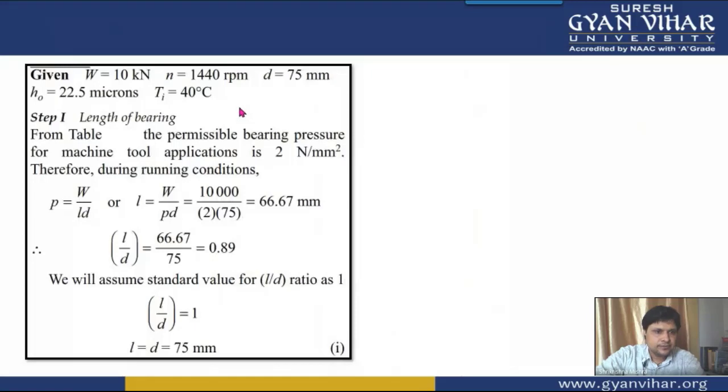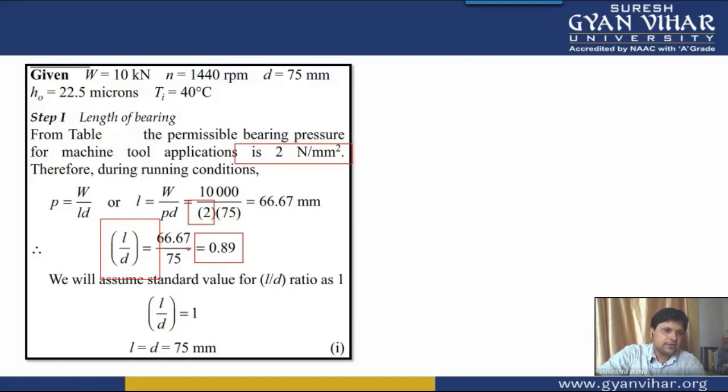Then by putting the value of this pressure, 2 Newton per mm square, we have got L by D equal to 0.89. Now we are assuming L by D to be equal to 1 because nothing is given in the question regarding it. Therefore, we will have to take some L by D value.